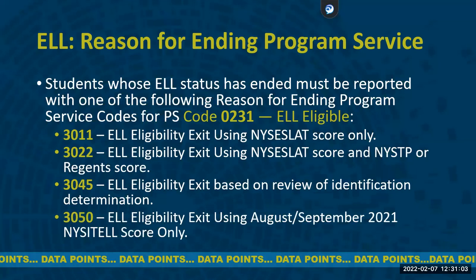And this year, 3050, ELL eligibility exit using August-September 2021 NYSED score only.